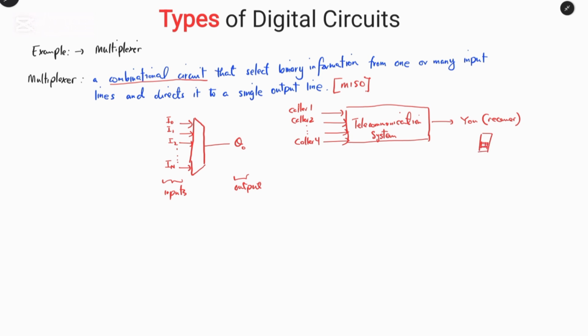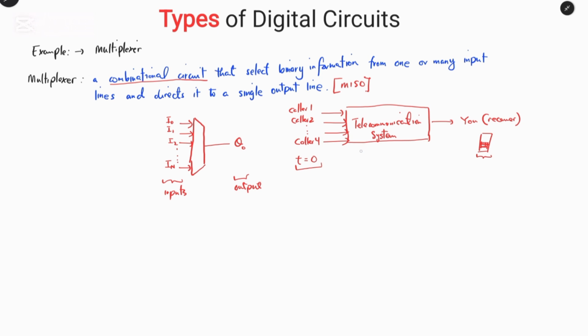and those 4 callers are trying to call you at the same time. So at time t equals 0, all of these press the option to call you. So all of them are calling you at the same time, and you on the other side have only one mobile phone with the phone number which identifies you.